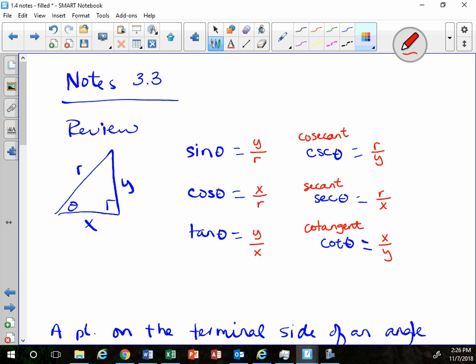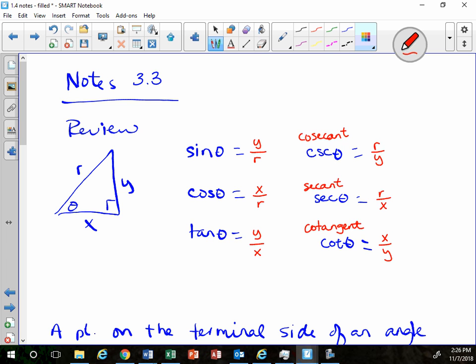So basically just think, does cosecant go with cosine or sine? Sine. You're never going to have two cos together. Cosecant and sine. Secant and cosine. Cotangent and tangent. You can't have two cos together.